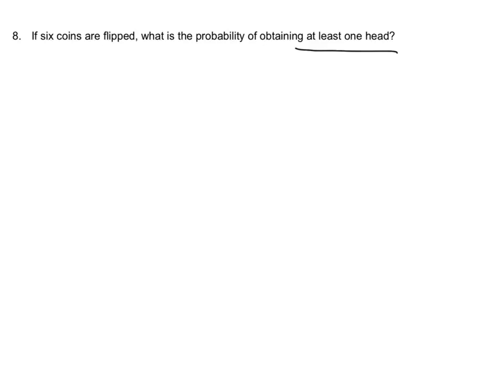Now that we know that the complement formula can be used, we need to identify what the complement of the event is. So the event is the probability of obtaining at least one head. Now the complement is the opposite of that. So the opposite of obtaining at least one head is obtaining no heads.